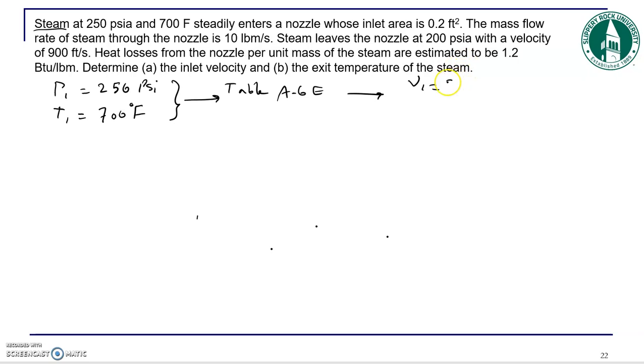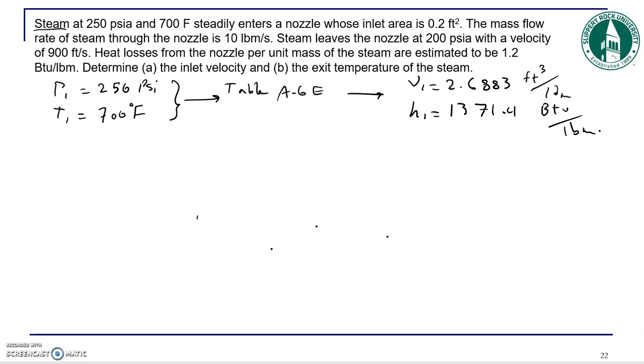So nu one is 2.6883 cubic feet per pound mass, and H1 is equal to 1371.4 BTU per pound mass. Okay, so now we can find the information we need.